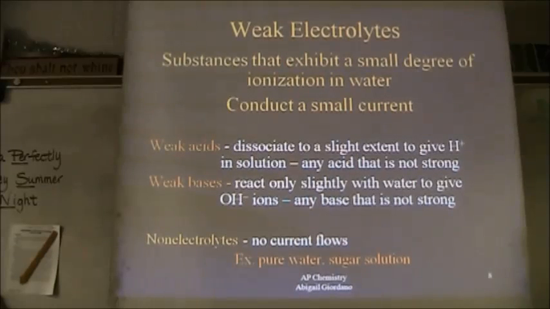Why would that be? I mean, sugar dissolves. So why won't it conduct electricity? It doesn't ionize. Right. And why not? Well, let's think back to biology, okay? What's the formula for glucose? C6H12O6. Very good. Why doesn't that ionize? I mean, it dissolves. What's the problem here?